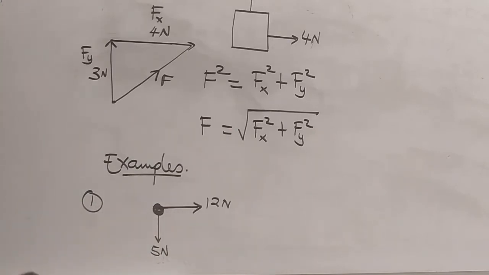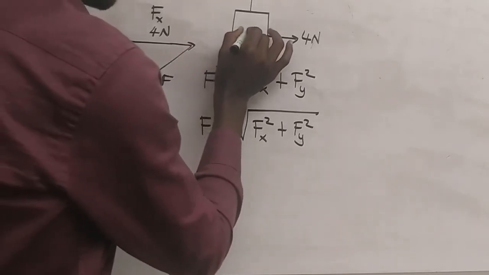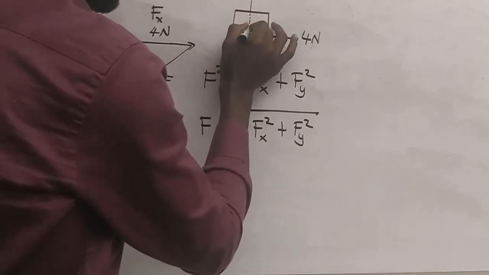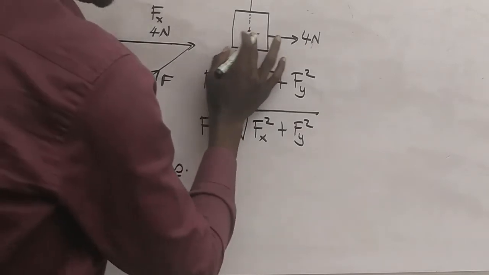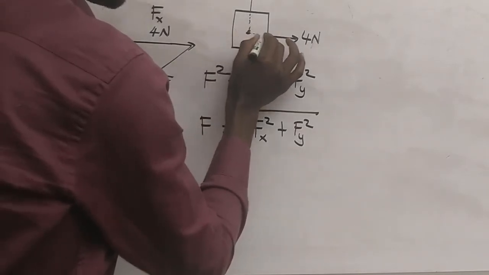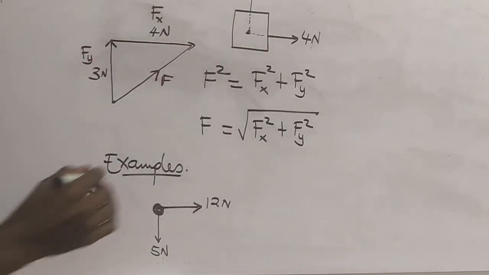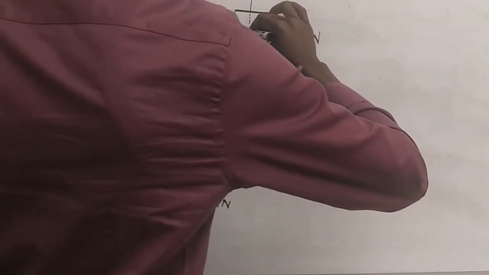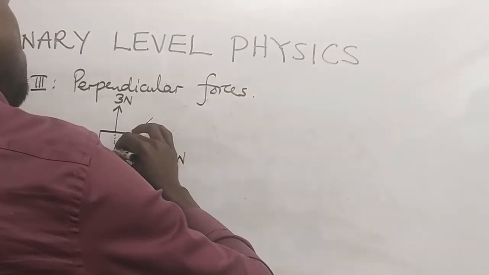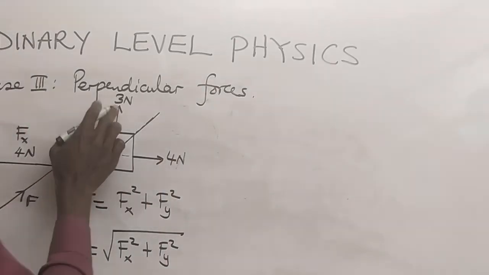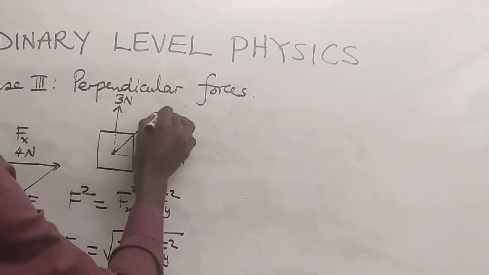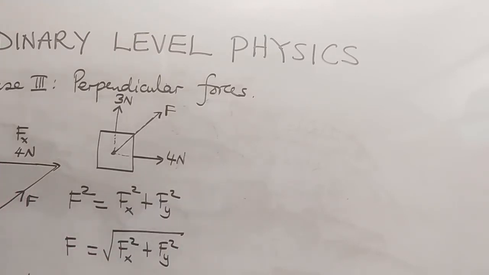But we have to know that if this is our body, let me assume a point of action, or the center of gravity is here. Just assuming. So the resultant force will always act between the two. So for our case here, 3 newtons, 4 newtons, our F is going to be here.